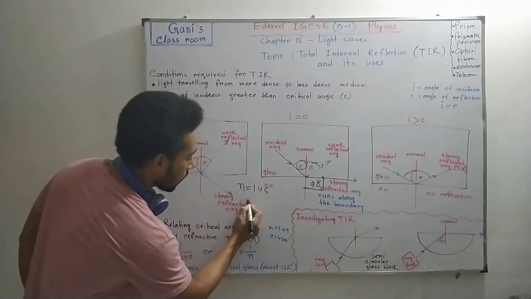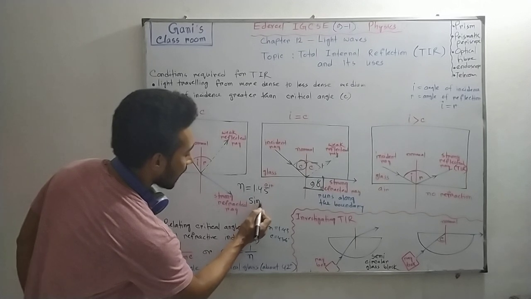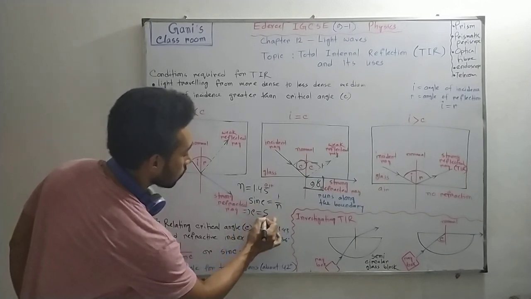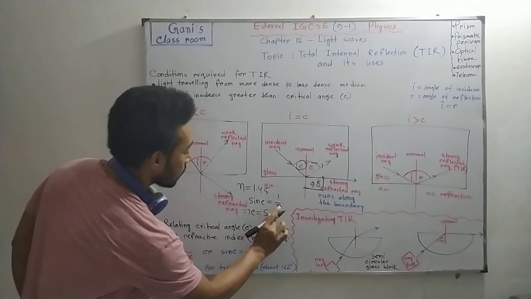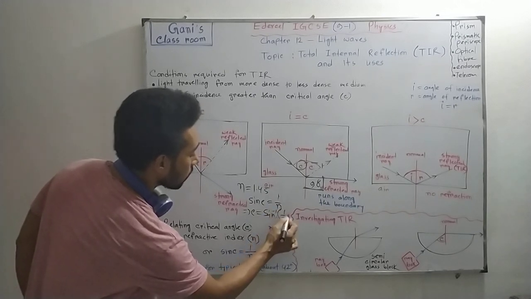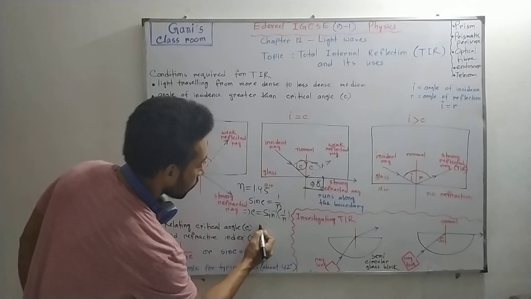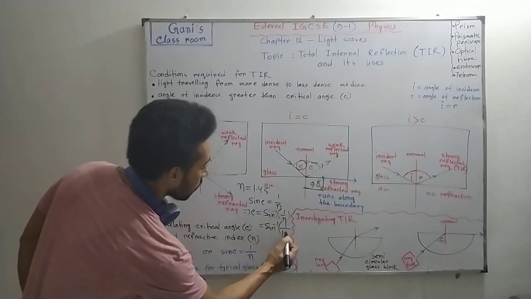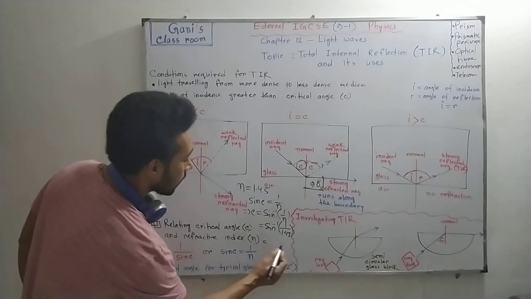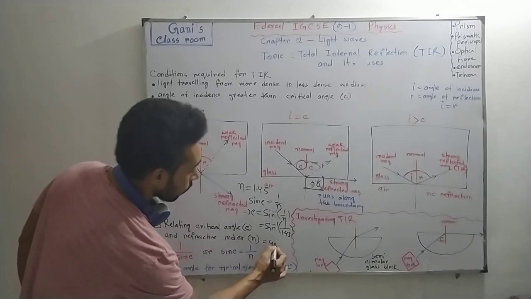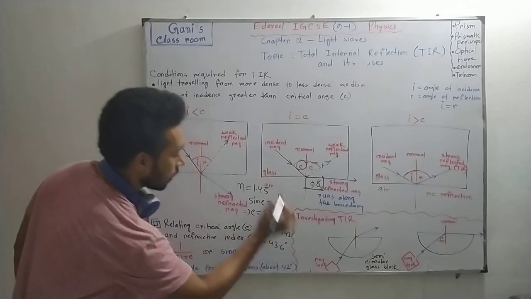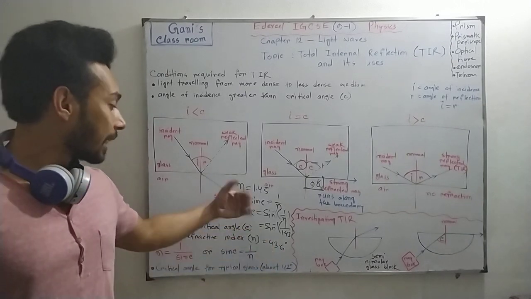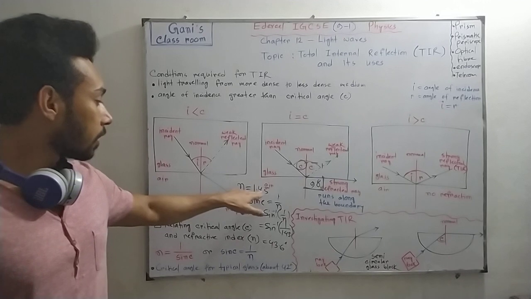Then we can write the formula sine C is equal to 1 by n, then C is equal to sine inverse 1 by n. Putting the values, sine inverse 1 by 1.45, you will find the result is about 43.6 degrees.